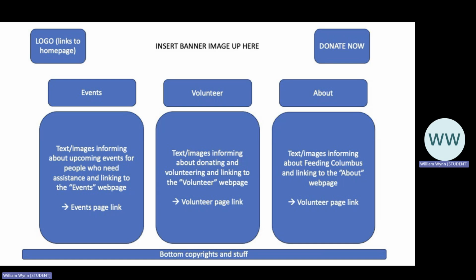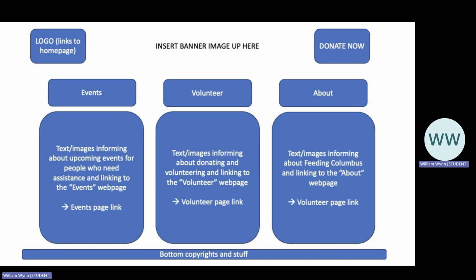For the events, talking about upcoming events, and then a link that you would click to send you to the events page. For volunteering, a short little blurb talking about donating or volunteering, and then it would link you to the volunteer page. The about would be similar, another small blurb talking about feeding Columbus, and check out more, and it would send you right to the page link.